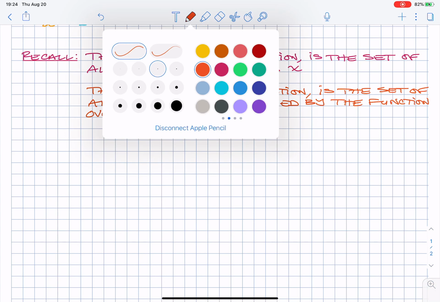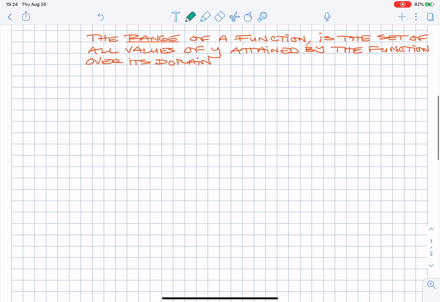Okay, so let's note one thing before we begin with an example.